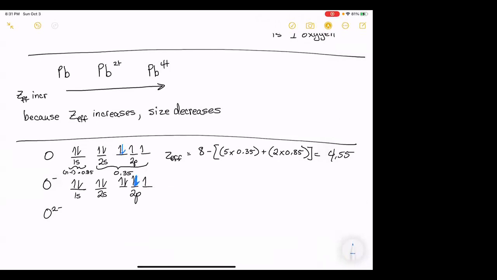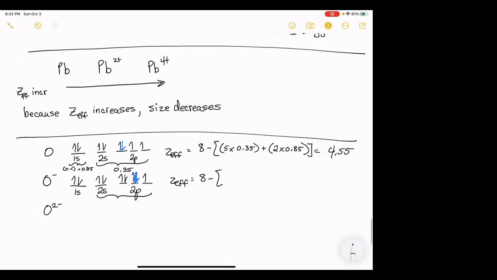So our Z effective, when we start doing this, is going to be, again, these are all in the same shell. So our Z effective is going to equal 8 minus. Now we have 6 electrons in that same shell, plus the 2 in the previous shell.